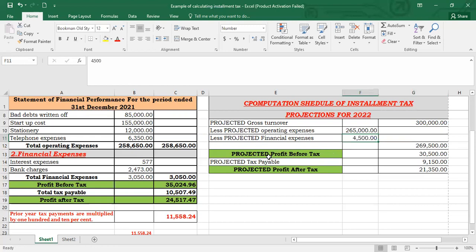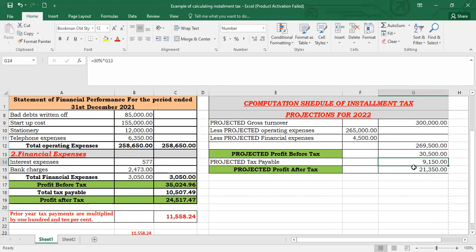Then utakuja upate the projected profit before tax is 30,500 compared to 35,024 of the year. Then you get the tax to be paid is 9,150.